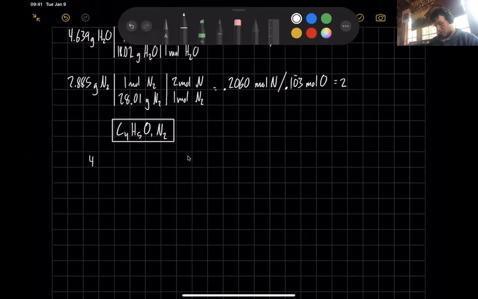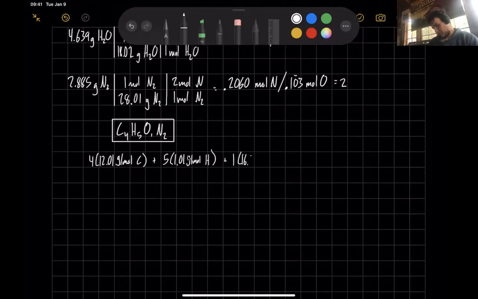So it's 4 times 12.01 grams per mole of carbon plus 5 times 1.01 grams per mole hydrogen plus 1 times 16.00 grams per mole oxygen plus 2 times 14.01 grams per mole nitrogen.